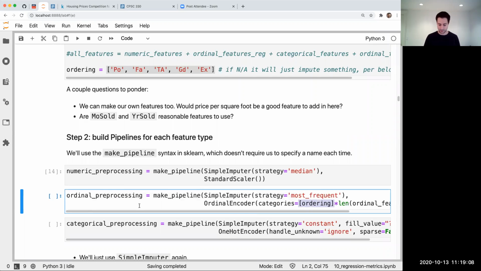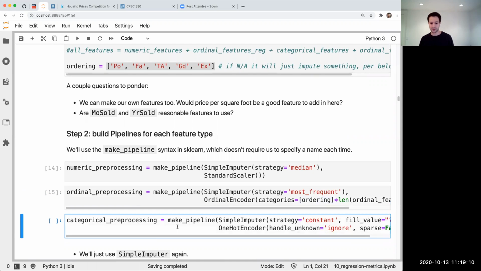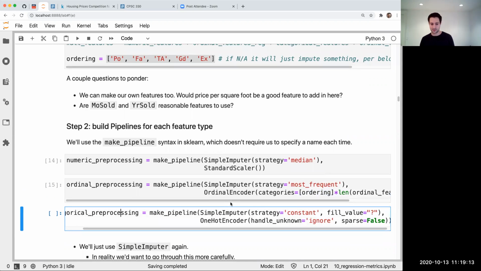And then I'm going to make a pre-processing pipeline for the categorical variables. In this case, I decided to impute the missing values with its own category, a question mark. I didn't really think this through too much. I just did something. I'm going to one-hot encode with this ignore. Regarding this sparse equals false, the reason why I was doing that, you don't really need that in the code.